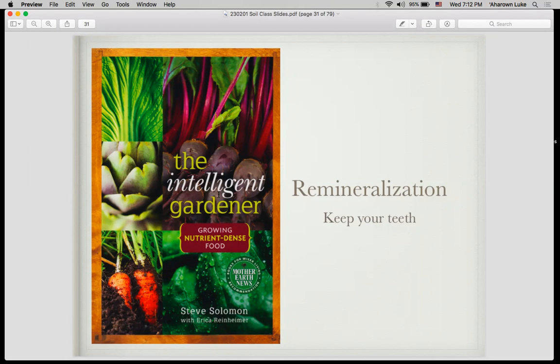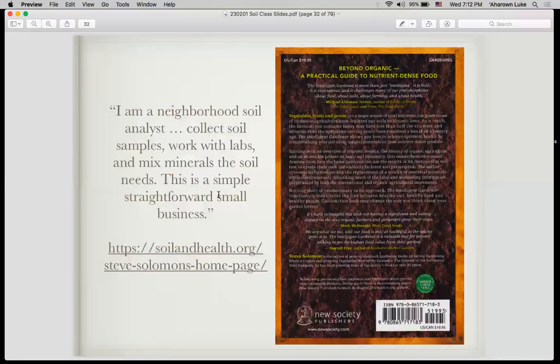This book actually has the spreadsheets we'll use for figuring out our fertility scheme. He basically wants to encourage people around the world to do neighborhood soil analysis, where they collect soil samples, work with Logan Labs, and have extra minerals so that they can mix up a specific mix for people's land, so that it doesn't have to be buy a 50-pound bag of this and a 50-pound bag of that for a small farmer, a small gardener.